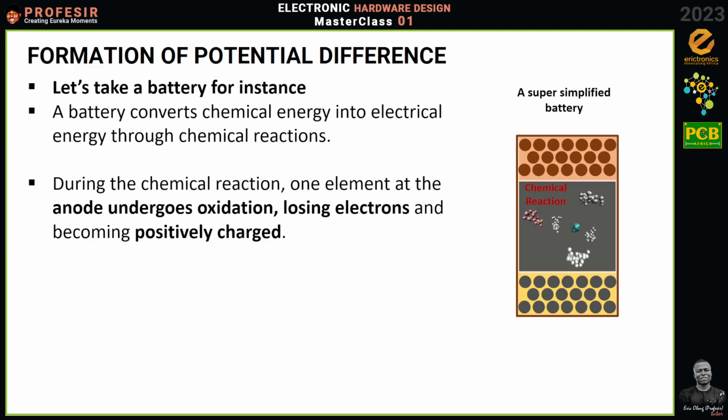But what is happening is that the anode undergoes oxidation and loses electrons and becomes positively charged. Is that okay? So, after that happens, any atom in the anode material that lost its electron becomes positively charged. Remember, we define positively charged as the absence of an electron.